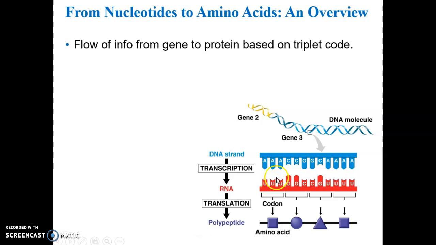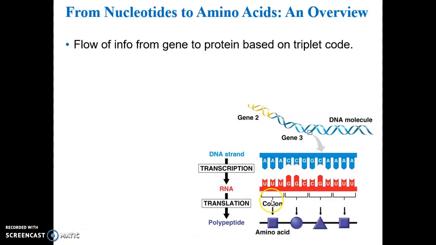And one by one, they're converted into a grouping, a triplet of 3 nucleotides on the RNA molecule. So the process of transcription from DNA nucleotide to RNA nucleotide, that's a 1-to-1 relationship, as we'll see. But when the RNA nucleotides are converted into the amino acids, that's a 3.